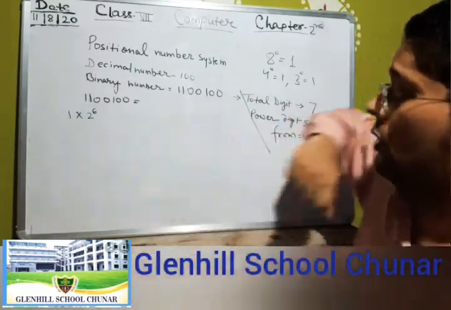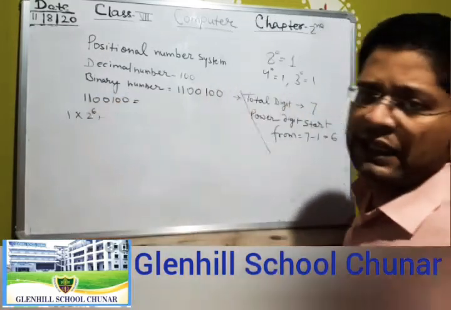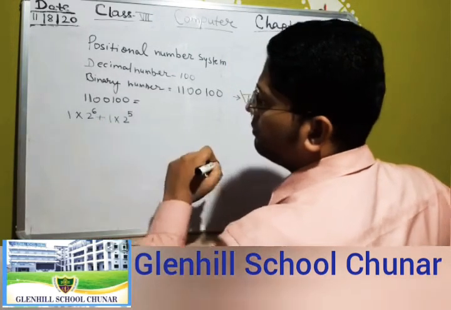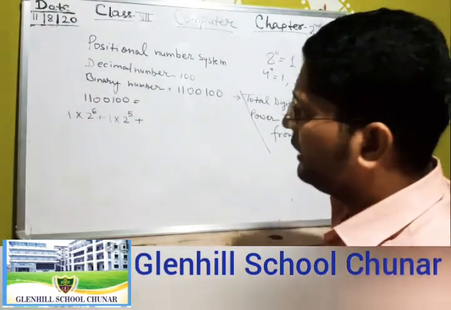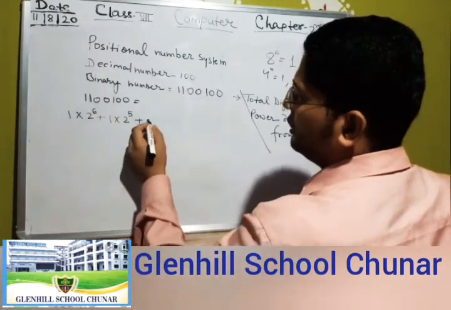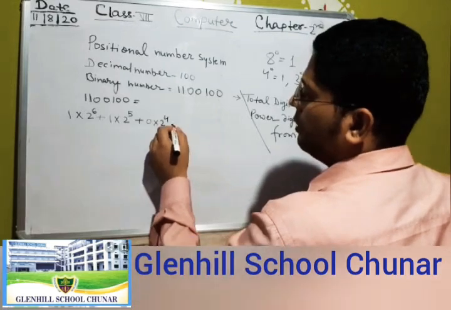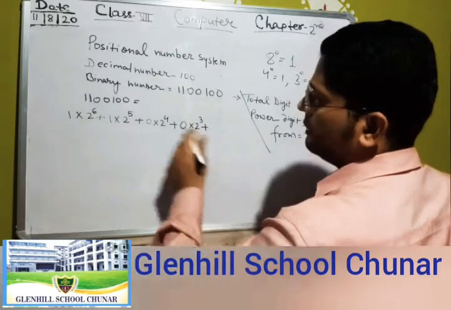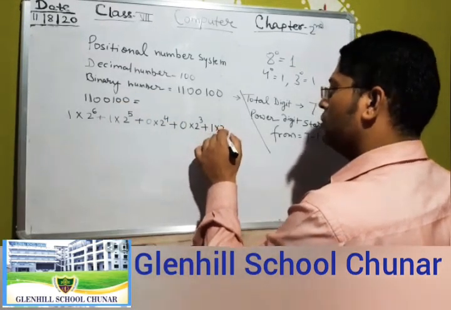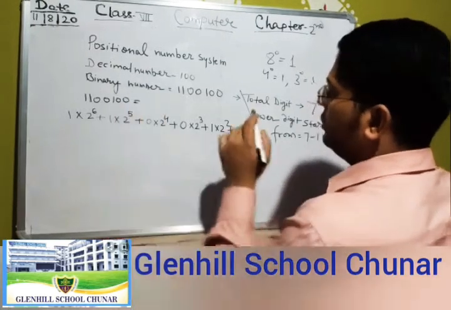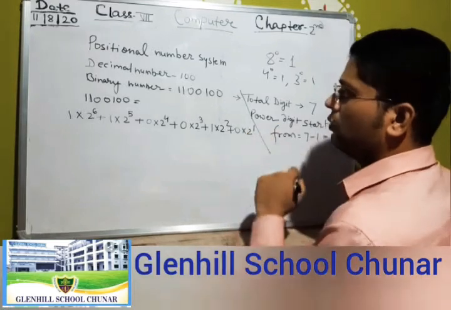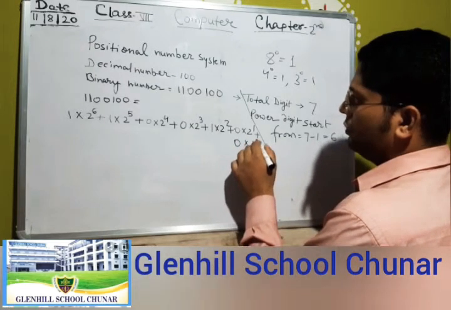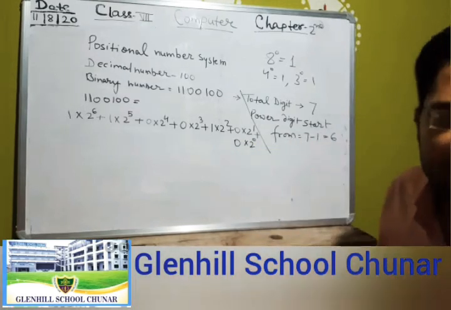So multiply by 2 and put the plus sign, then 1 into 2 power 5, decreasing the power. Then 0 into 2 power 4, plus 0 into 2 power 3, plus 1 into 2 square, plus 0 into 2 power 1, and last 0 into 2 power 0. Clear?